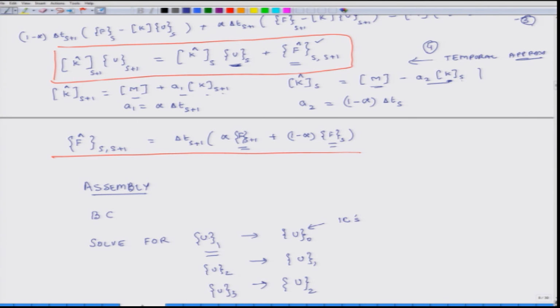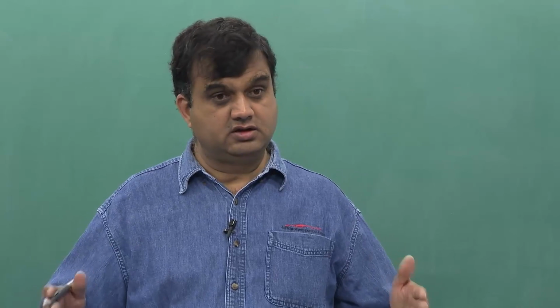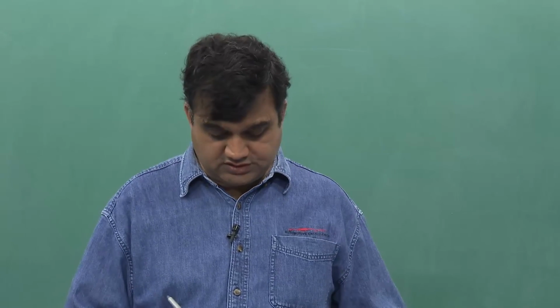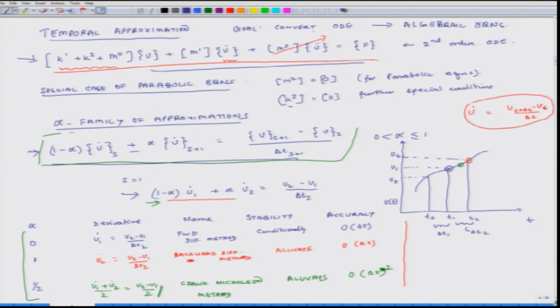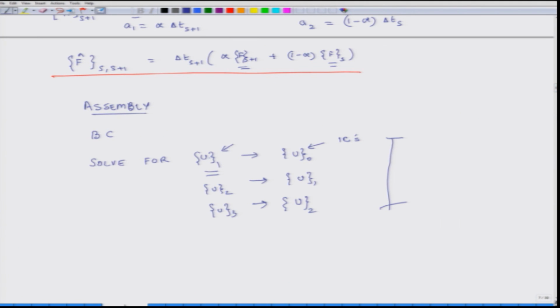So, when I am starting the process, I have to know what is the solution at the beginning, otherwise I cannot solve for U at the end of the first time step. So, that is why initial conditions become important, and what we see is that because our original partial differential equation had only first derivative in time, we need only U0, which is one set of initial conditions.